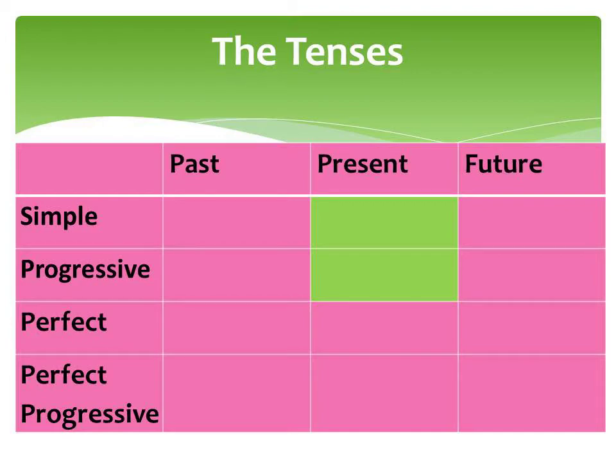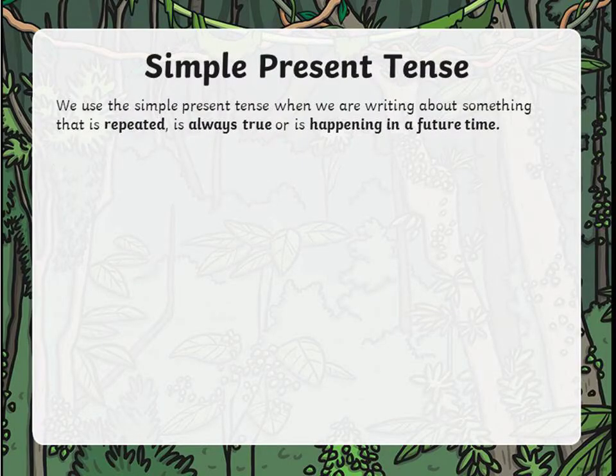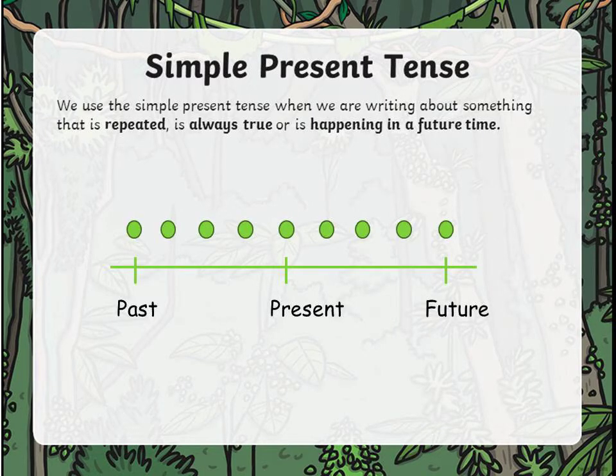So let's have the present simple first. We use the simple present tense when we are writing about something that is repeated or a routine, always true or factual, and happening in the future time. Gumagamit tayo ng present simple tense kapag ang action o pandiwa ay paulit-ulit o regular na nangyayari.